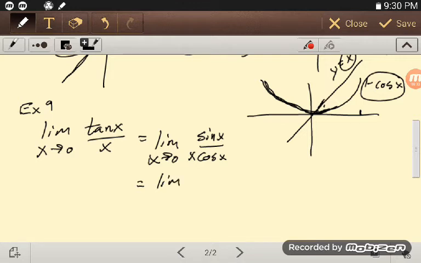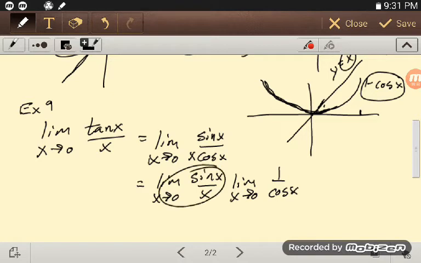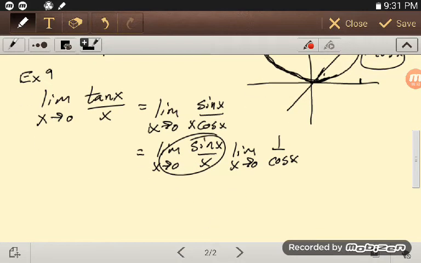And then, again, we use that multiplicative property. So I have the limit as x goes to 0 of sine of x over x, and then the limit as x goes to 0 of 1 over cosine of x. And once again, we know that that limit is 1, and here we can do direct substitution.